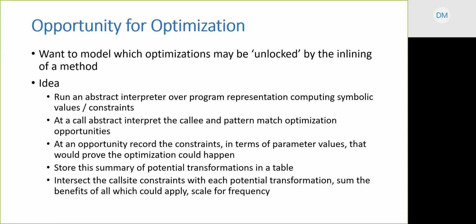And if it's constrained in another way, we could fold the branch another way. And so what we will do is record those in a table, and we store that as a summary. So what you end up with is a summary of potential optimization transformations and constraints in terms of the parameters that will allow that opportunity to be potentially realized.